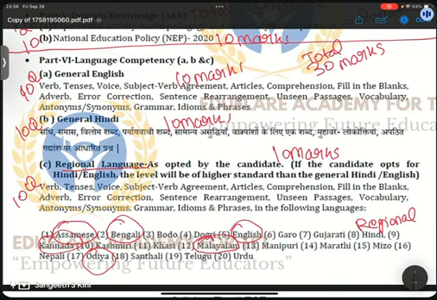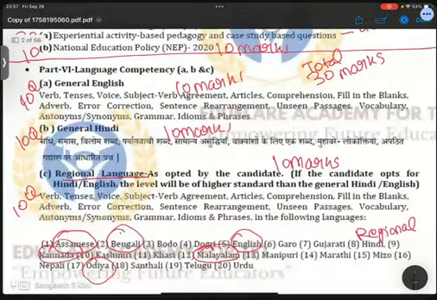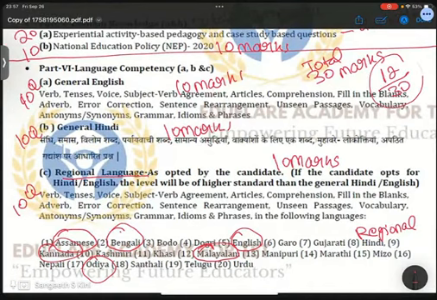This part is qualifying in nature only, with a minimum of 40 percent marks in aggregate, that is 12 out of 30. So if you score 12 marks, you qualify this paper. Your target is to score above 12 marks.